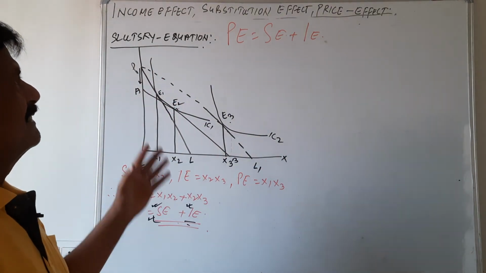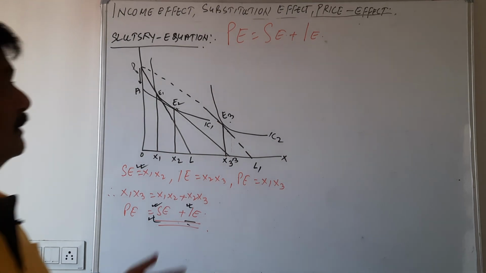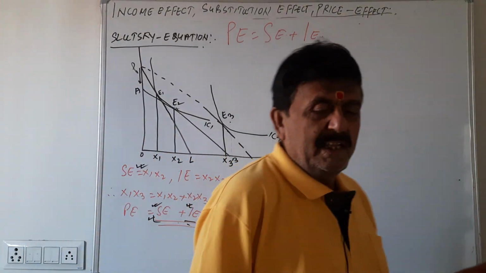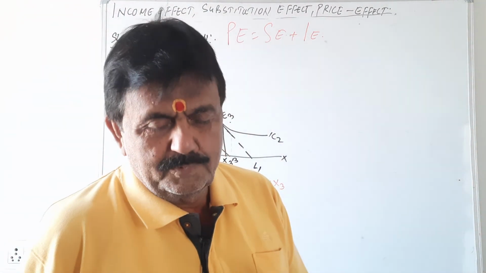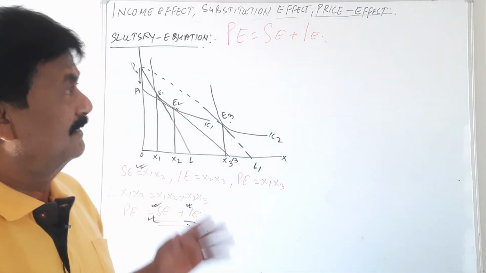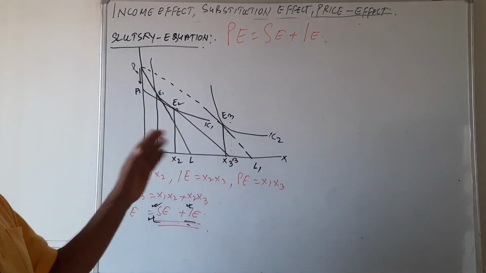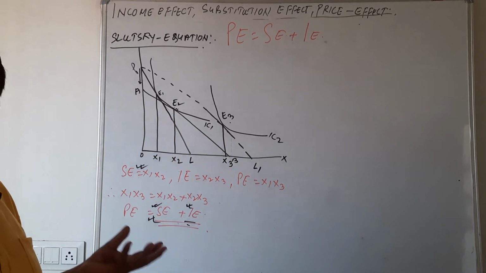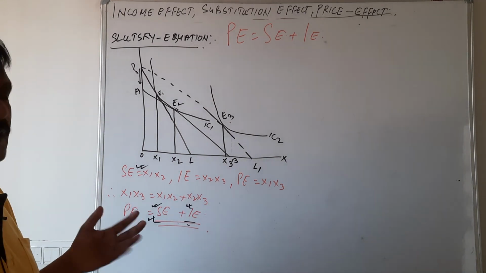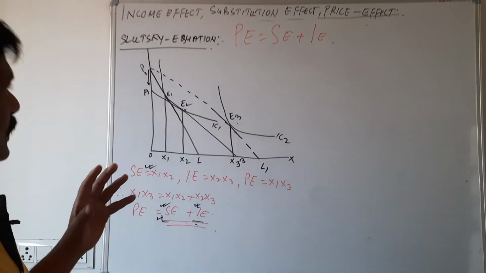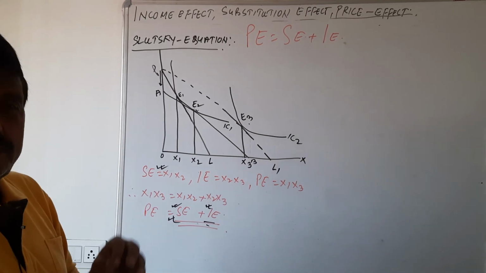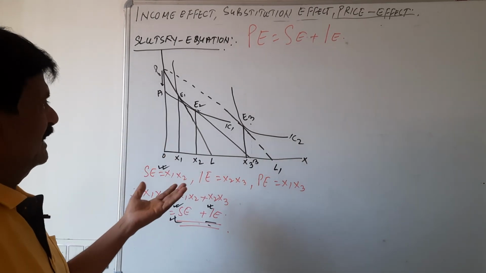So in today's class, this is all for indifference curve analysis, and I have already told the viewers as well as students that I am not going into detail in this class, because time is a severe constraint before me. Whatever I thought would be useful for the NET and other exams, I have explained in the class.